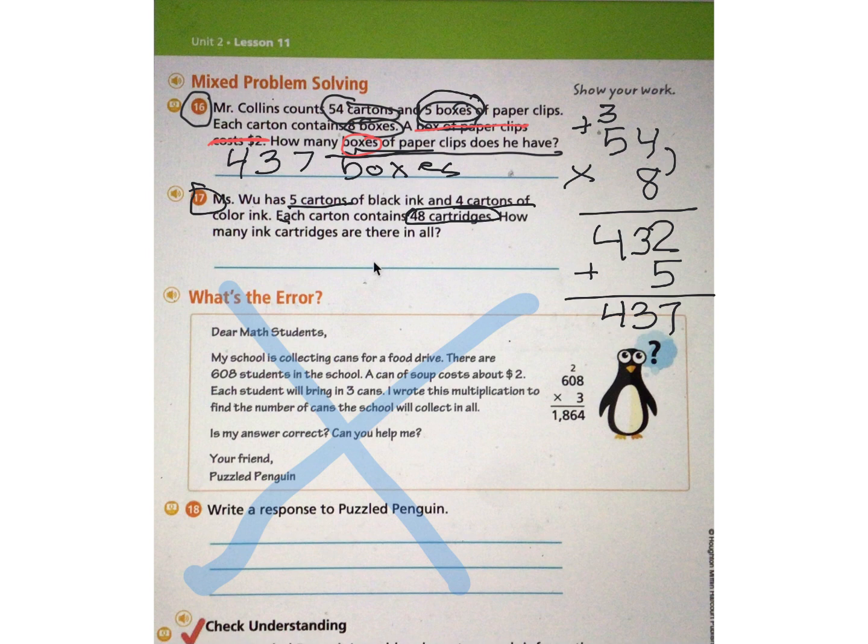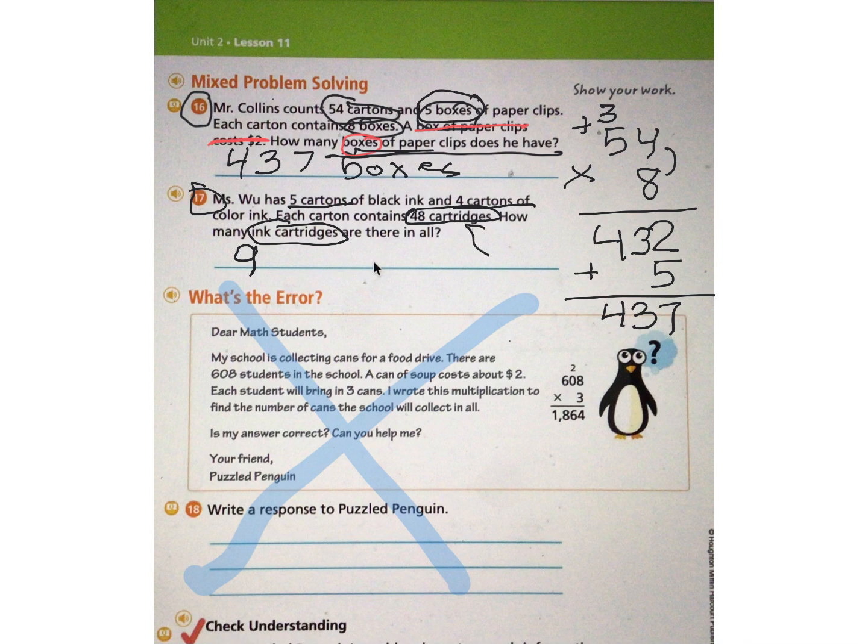We're trying to find how many ink cartridges there are all together. So first of all, I have to figure out how many cartons I have. And I have 5 cartons of black and 4 cartons of color. So that makes 9 cartons.